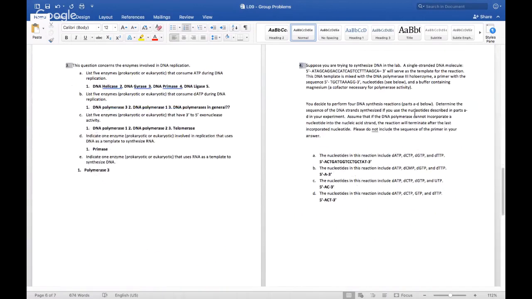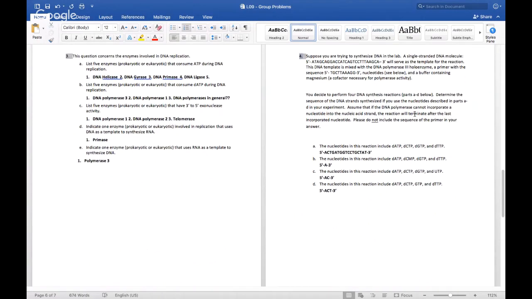Alrighty, so problem 3 is just another term problem. Enzymes that consume ATP during DNA replication would be DNA primase, DNA ligase, DNA gyrase, and DNA helicase. Enzymes that consume dATP would be polymerase 3 and polymerase 1.